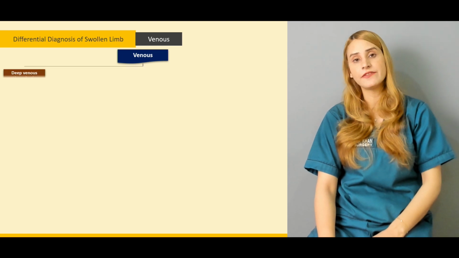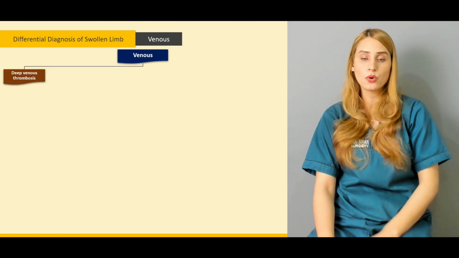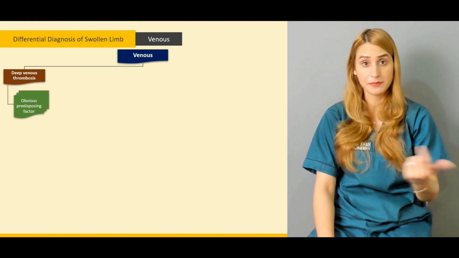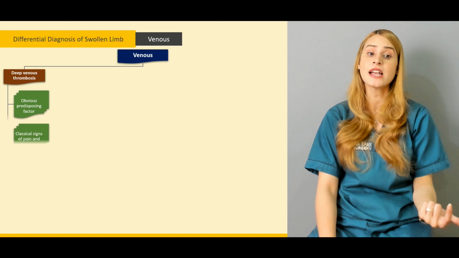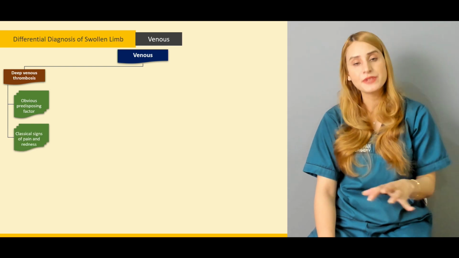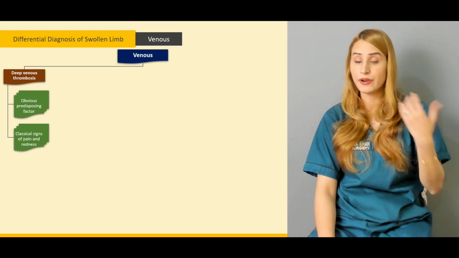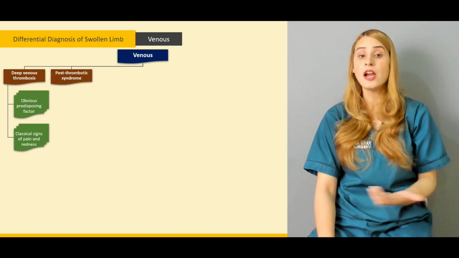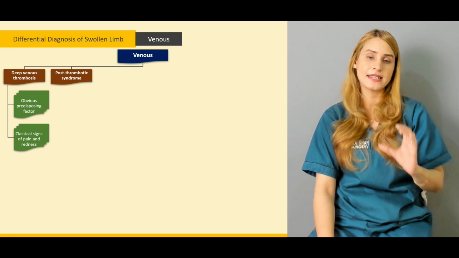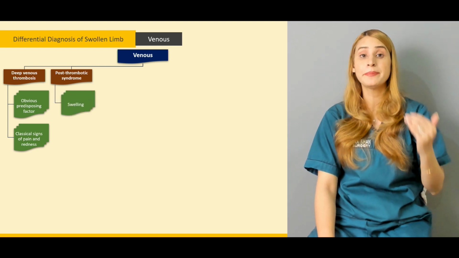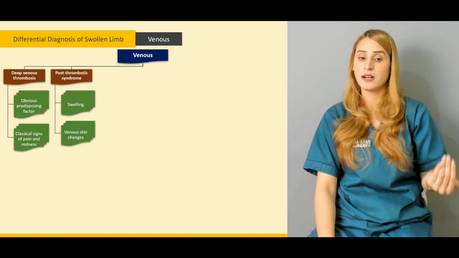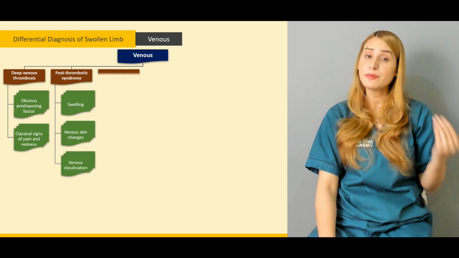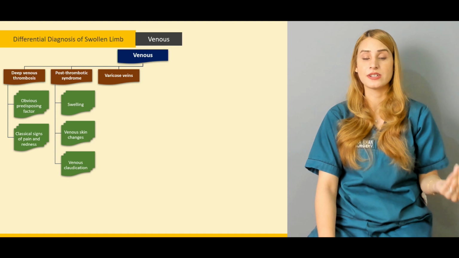In case of the venous differential diagnosis coming into your mind, obviously the most common is deep vein thrombosis, and there would always be predisposing factors like orthopedic surgery, prolonged immobilization, or long-standing conditions, and classic signs and pain would be present. There can be post-thrombotic syndrome, with swelling, venous skin changes, and venous claudication.